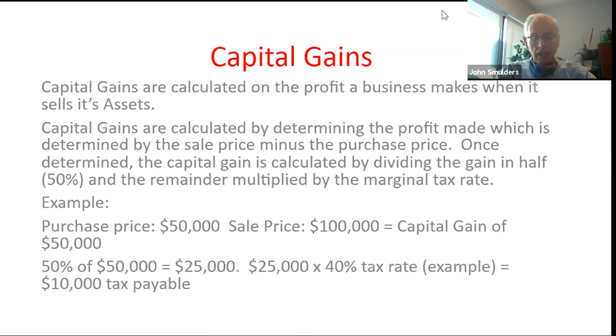All right. If the seller is selling a business on January 1st and will not make any more income for that year, he sold it January 1st, his marginal income tax rate is probably going to be closer to 20%. Okay, because he hasn't made any other money. Maybe he's made some money and his marginal income tax rate is 30% or 32% or 28%. We really do not know what it is.